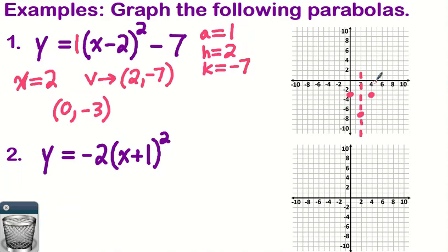And so another point would be 4 comma negative 3. And so I can sketch my graph. You know what parabolas look like.